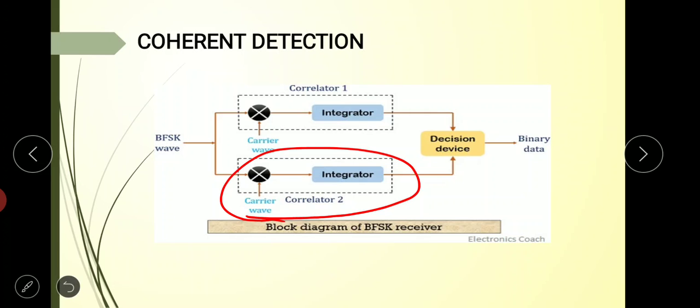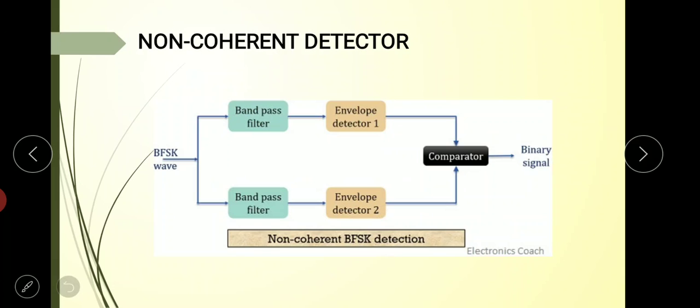Next one is the non-coherent detector. Non-coherent means where synchronization is not required. In this diagram you can observe that no carrier signal is used, and the block diagram consists of two band pass filters, two envelope detectors and a comparator. The two separate band pass filters are tuned to different frequencies, meaning both band pass filters have different center frequencies.